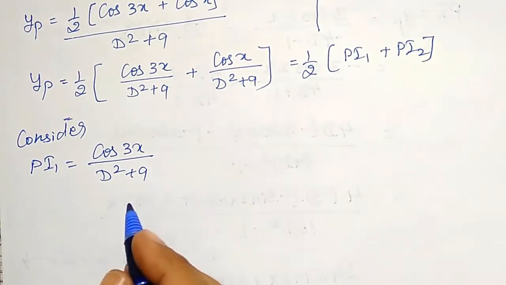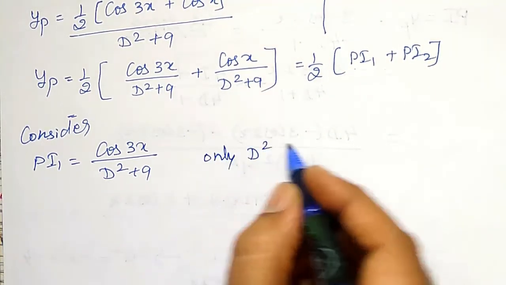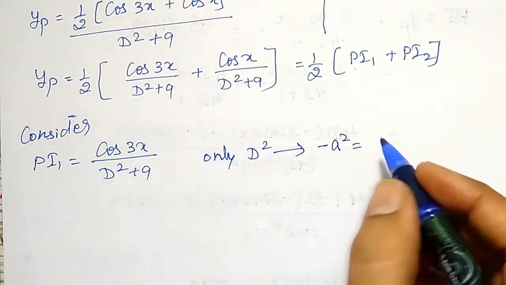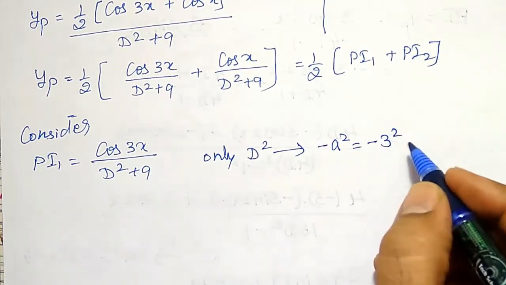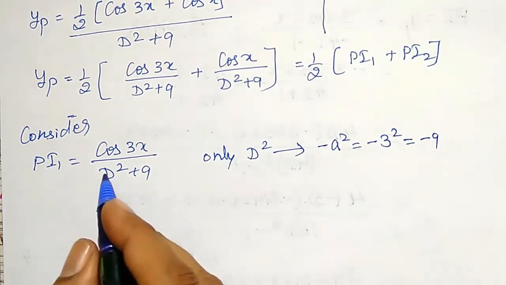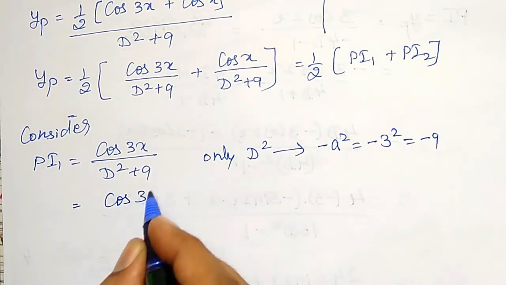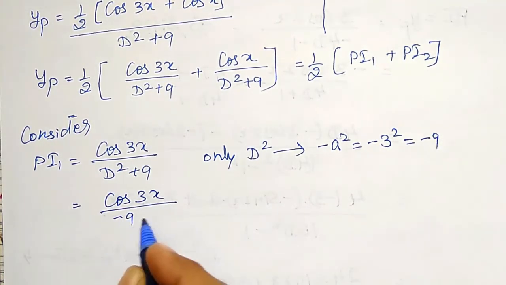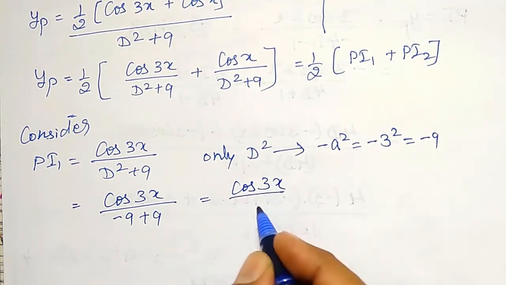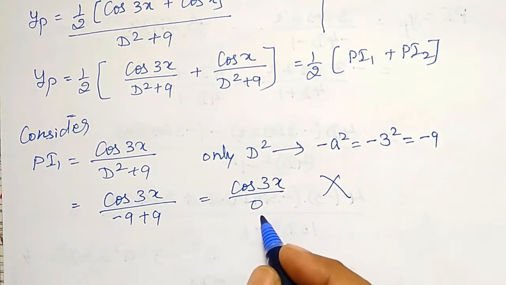To find its PI, D square is replaced by minus a square. Here a is 3, so minus 3 square, not minus 3 the whole square, therefore it is minus 9. That will become cos 3x divided by minus 9 plus 9, cos 3x divided by 0, which is not the PI because the denominator is becoming 0.